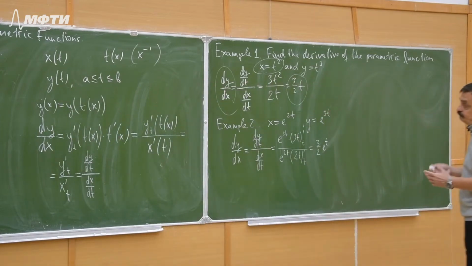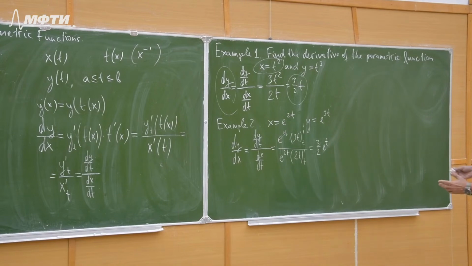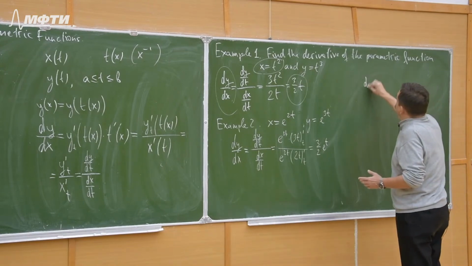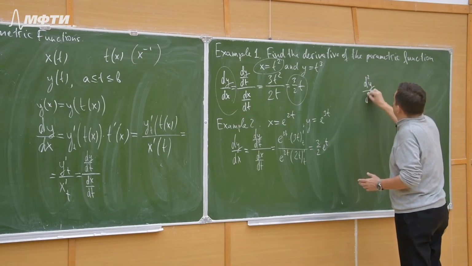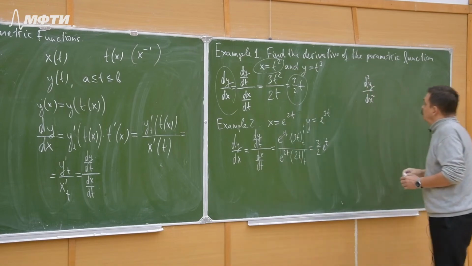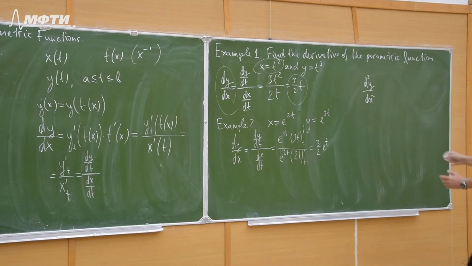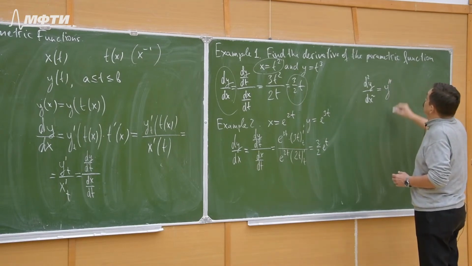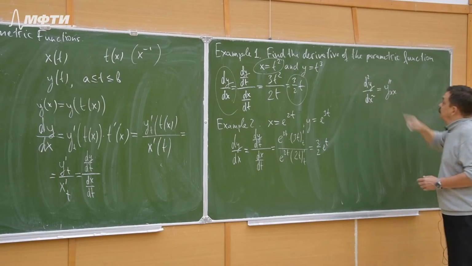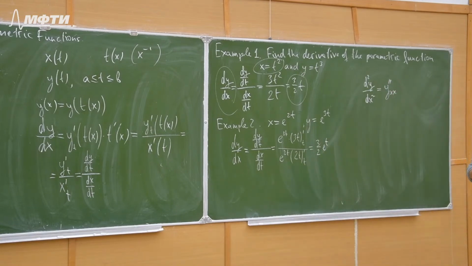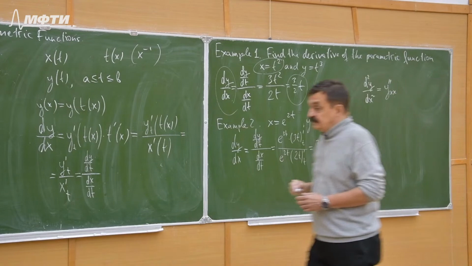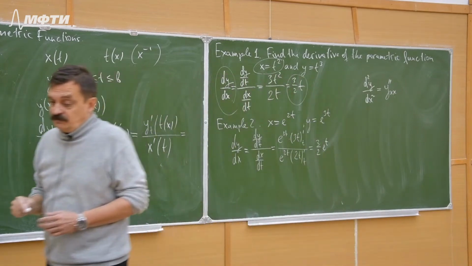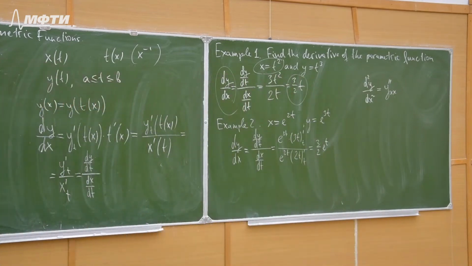Here we can use either d2y over dx twice, or another notation, y double prime x twice, to indicate that we differentiate with respect to x.